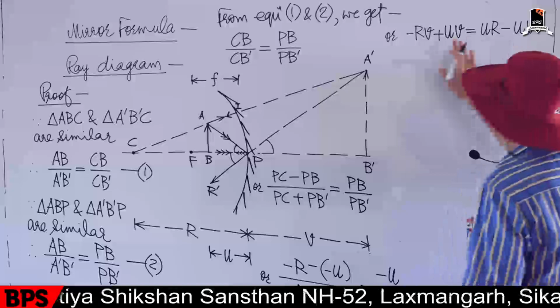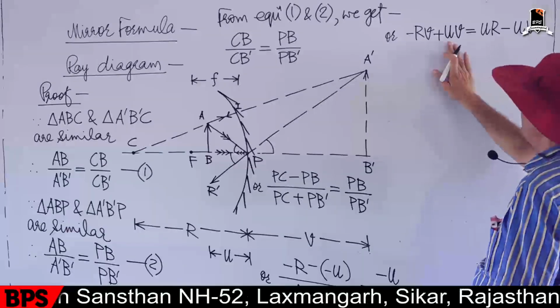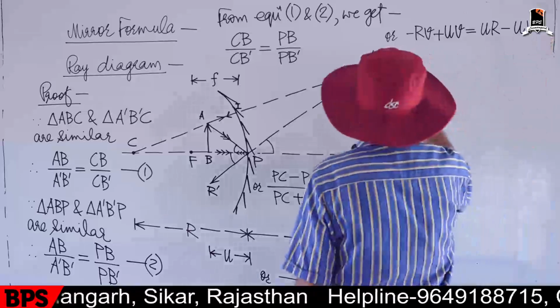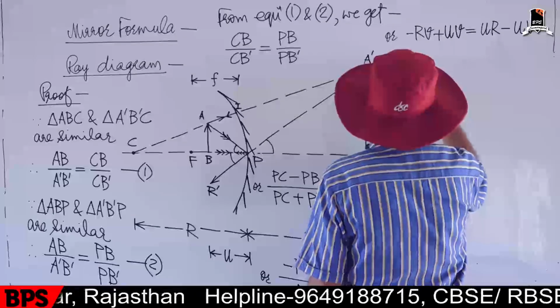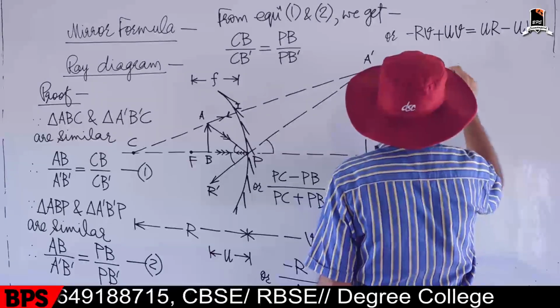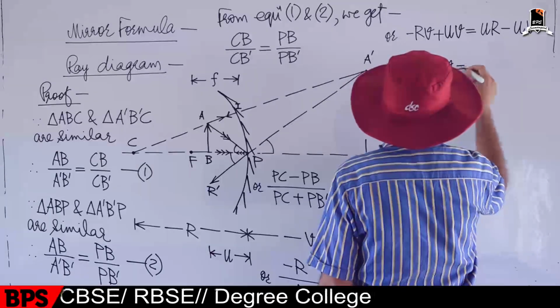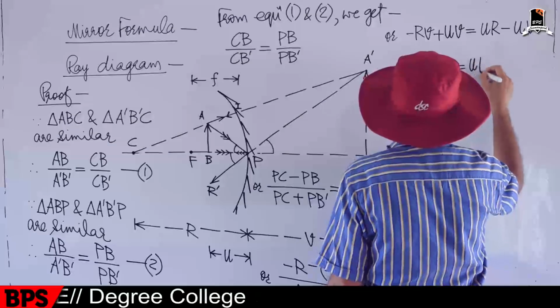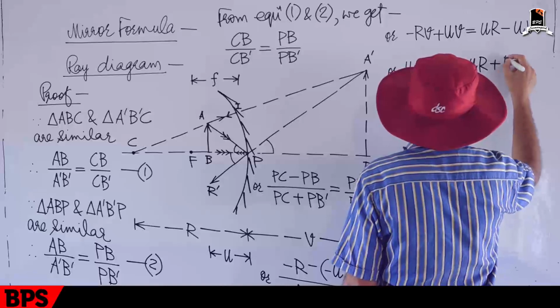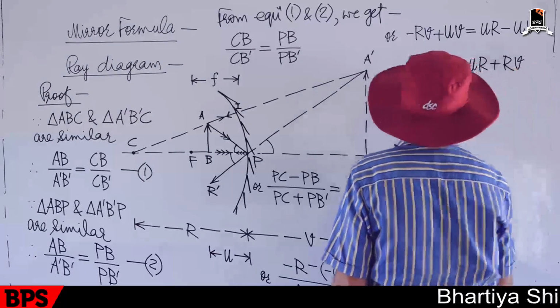Shift this UV on this side becomes positive, shift this RV on this side becomes positive. So you can say that UV, and this is again plus UV, equal to UR already in the right hand side, and transfer this, so this becomes RV.